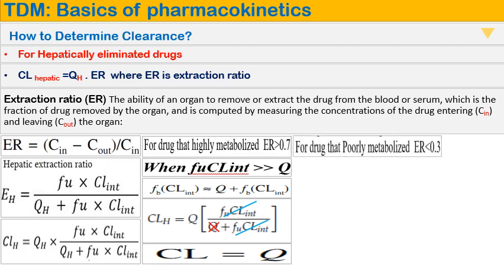The other issue is a drug that is poorly metabolized in the liver, with extraction ratio less than 0.3.